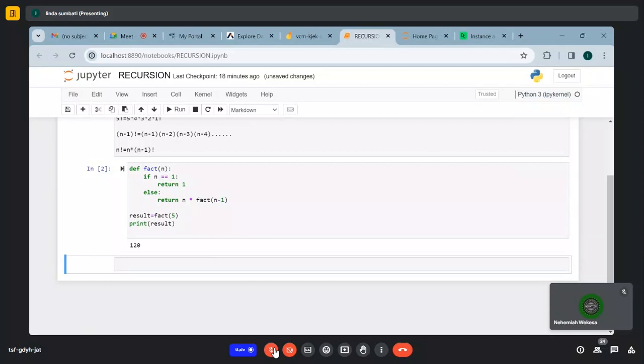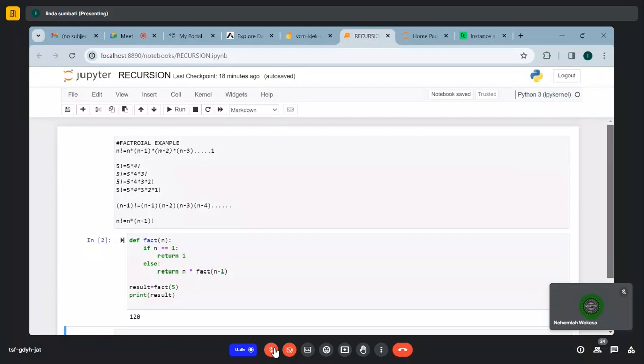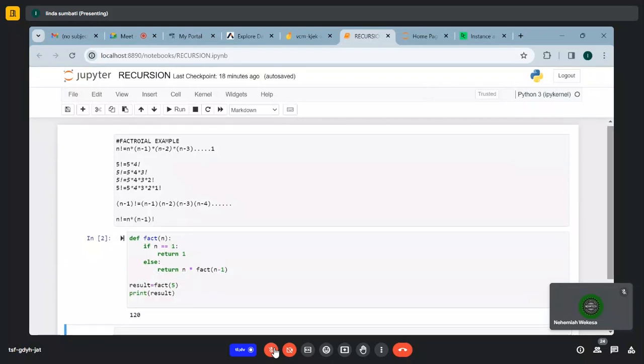Linda, please, can you just go through it again? I just came. Sorry to draw you back. Okay, so basically we are saying that looking for a factorial of any number is an example of a recursion.